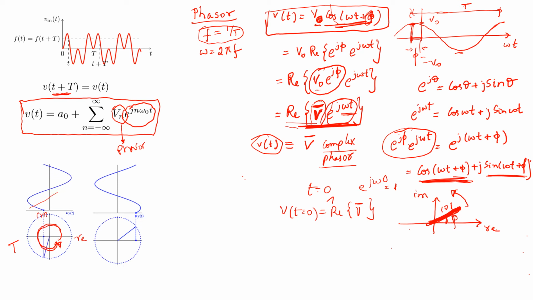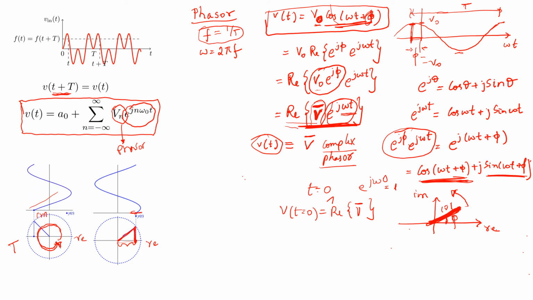So a particular time snapshot of it is going to look like this, where this is the phasor, but at that particular time instant, if you project it to the real axis and get just the real part of it, that real part is what is happening at that particular time instance t.